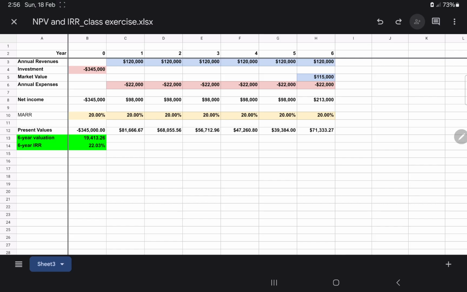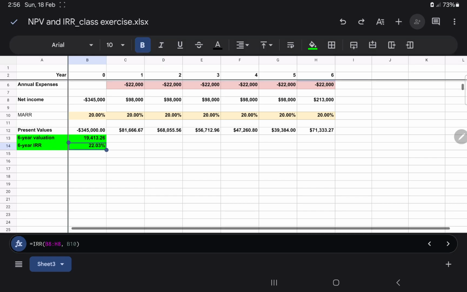For the IRR, how did we get this 22.03%? In our spreadsheet, we have a formula for the IRR. Just type equals IRR, then open and close parentheses.